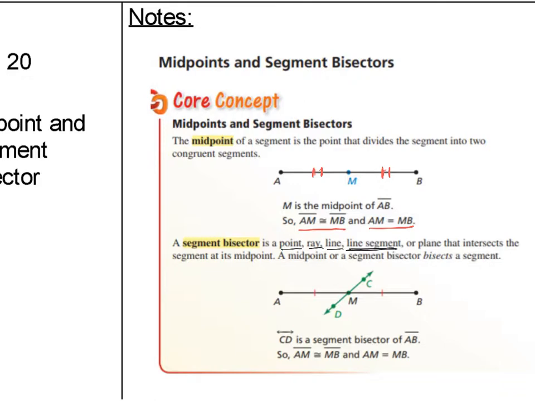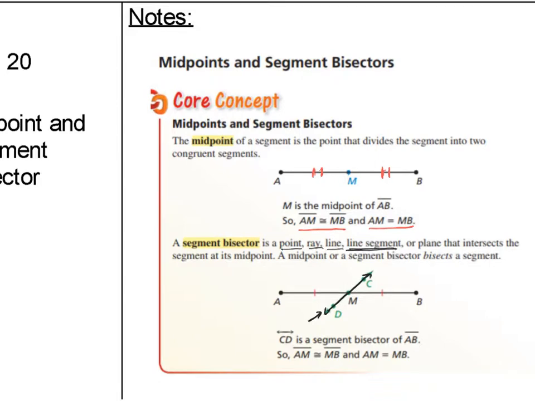So right here, with this green figure, this green line is considered to be a segment bisector because it is a line that intersects point M, that midpoint. So they say here, line CD, and they use the line notation, is a segment bisector of AB.